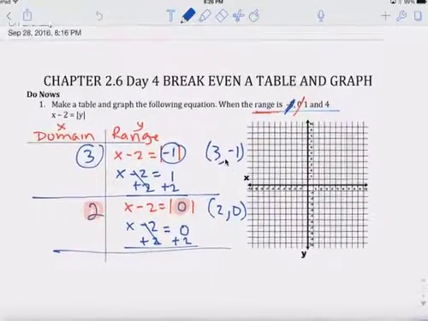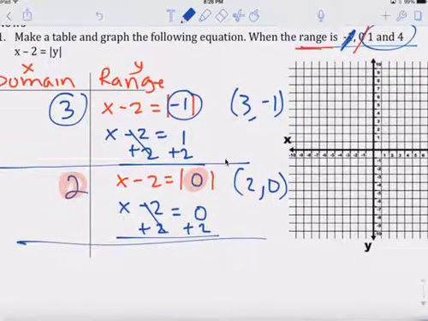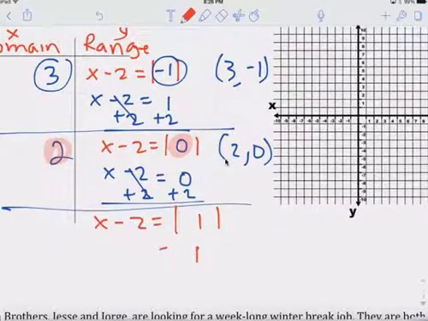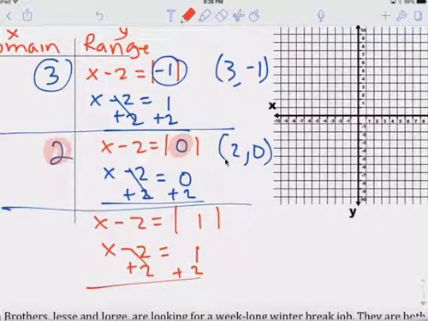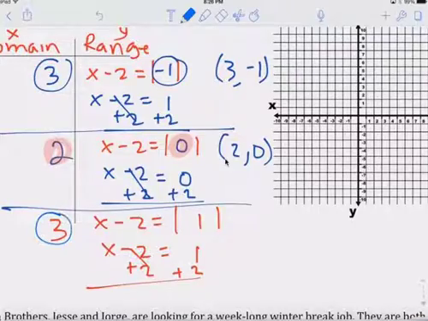And you get these points. You know how. Okay, let me do the absolute value of 1 just in case. X minus 2 equals the absolute value of 1. Absolute value of 1 is 1, equals x minus 2. Add 2, add 2. X equals 3. So your ordered pair here is 3, 1.